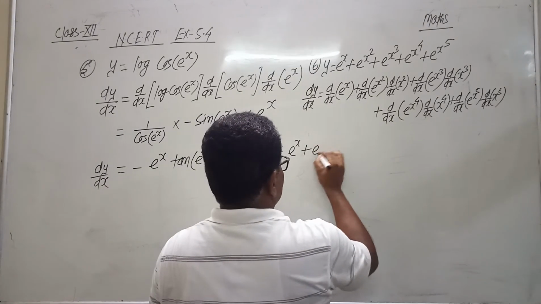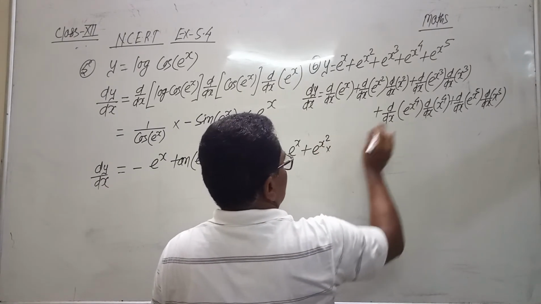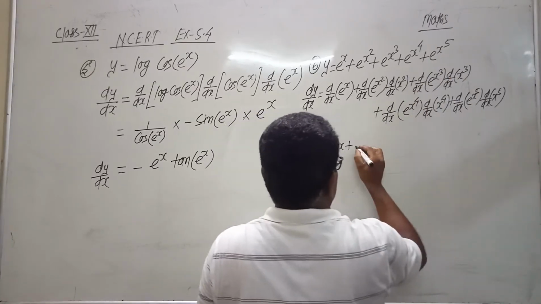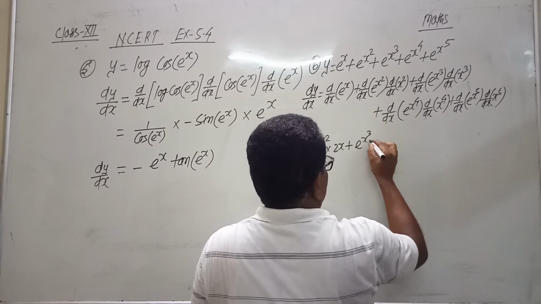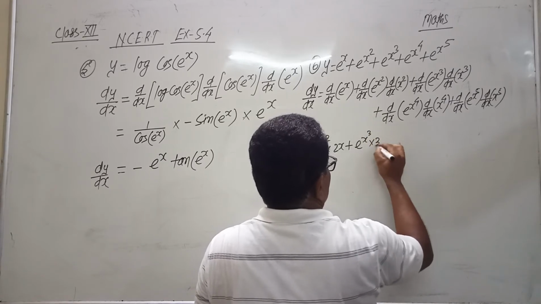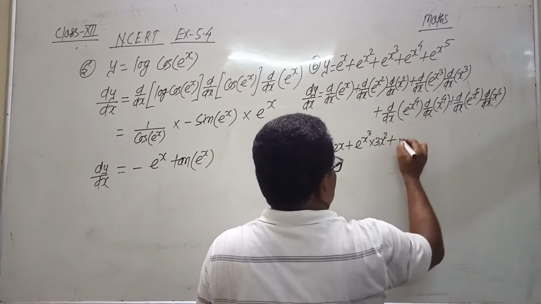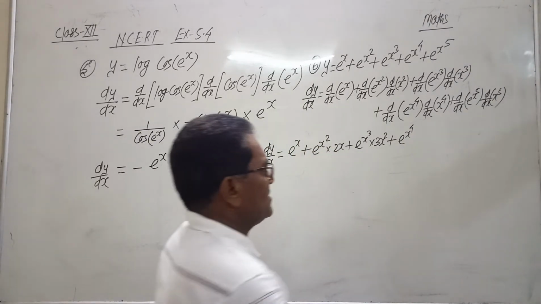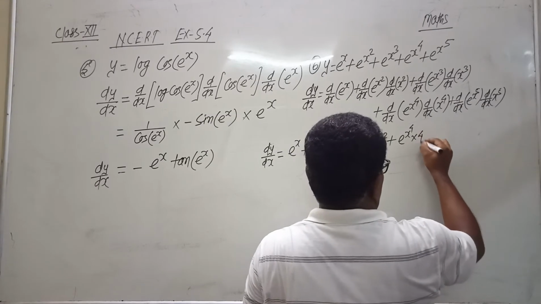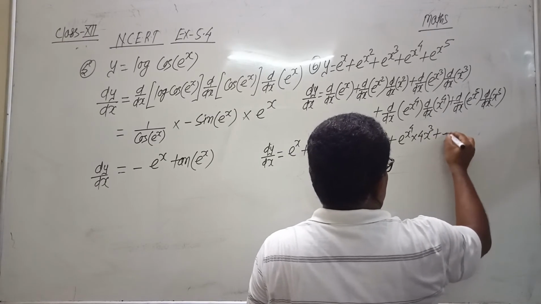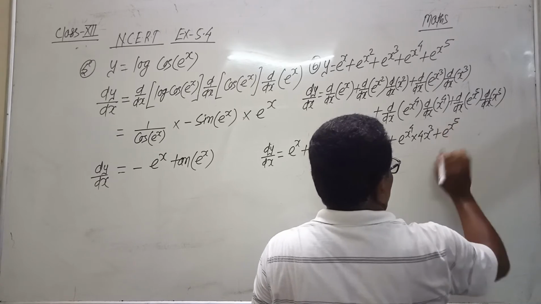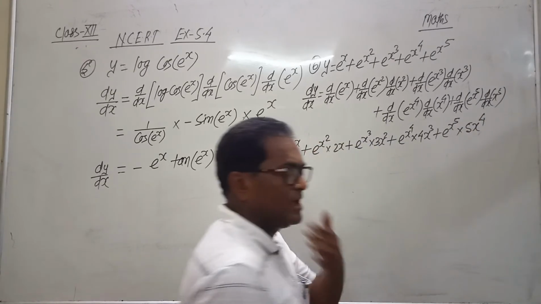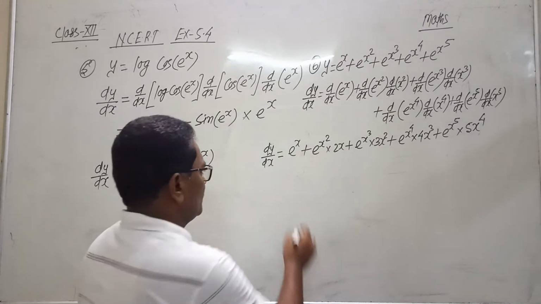It would be written as it is, and differentiation of x square is 2x plus as it is e raised to the power x cube, and differentiation of x cube is 3x square plus e raised to the power x raised to the power 4, and differentiation of x raised to the power 4 is 4x cube plus e raised to the power x raised to the power 5, and differentiation of x raised to the power 5 comes to be 5 into x raised to the power 4.